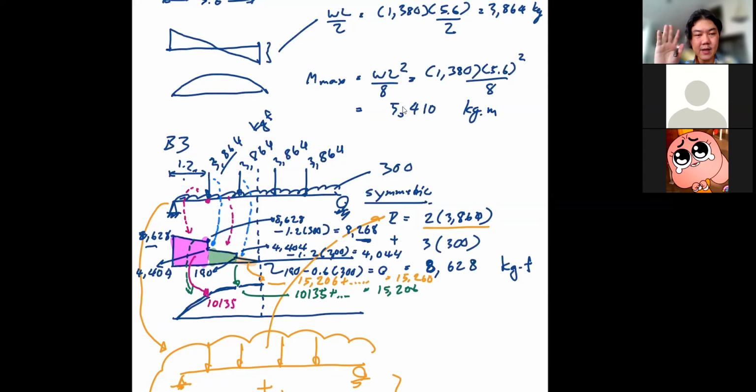But let's say I only want the maximum moment. Do I need to go through all this? The answer is no. I can easily use the free body diagram to obtain my maximum moment, right? Which means I can easily cut the free body diagram of the beam, not straight enough, at the half.